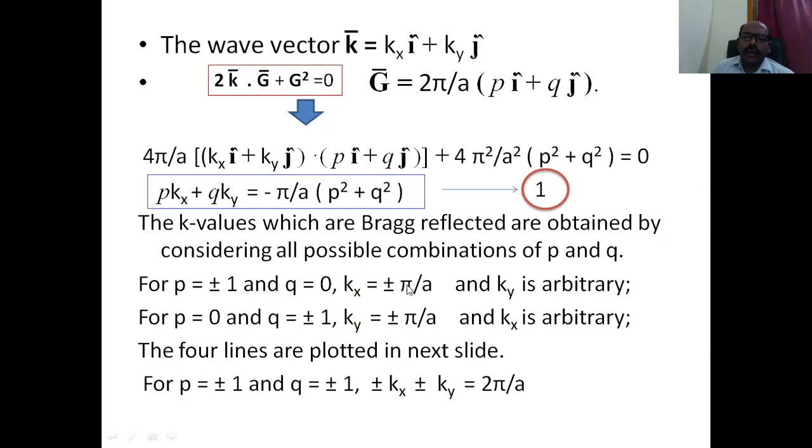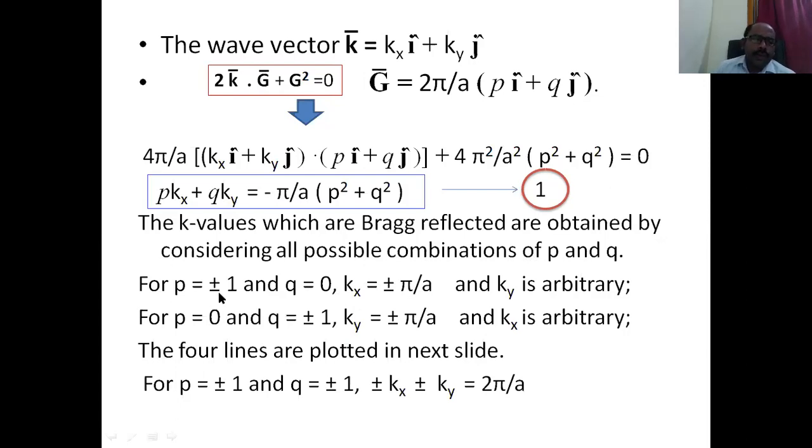For greater values of k, we get bigger Brillouin zones, but by putting in the shortest values, we get the shortest k values and hence the shortest Brillouin zone. At first, by increasing the p and q values later, we get other Brillouin zones.